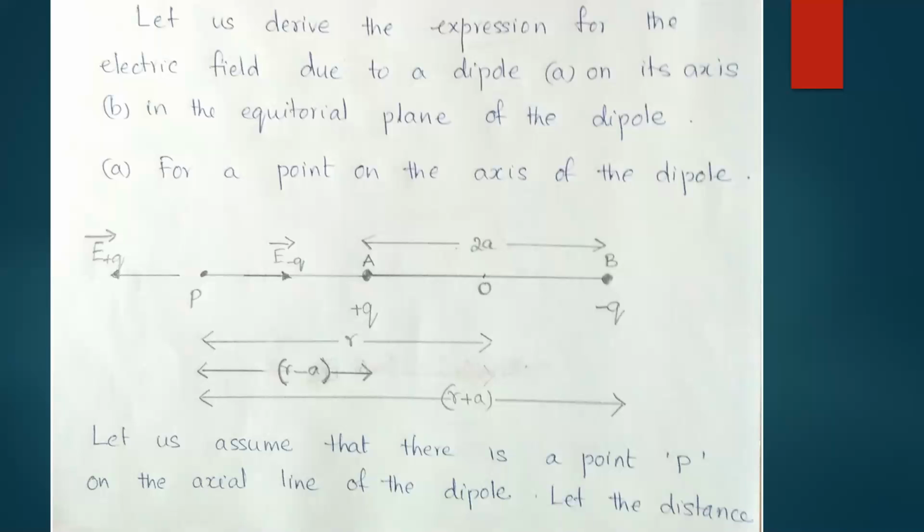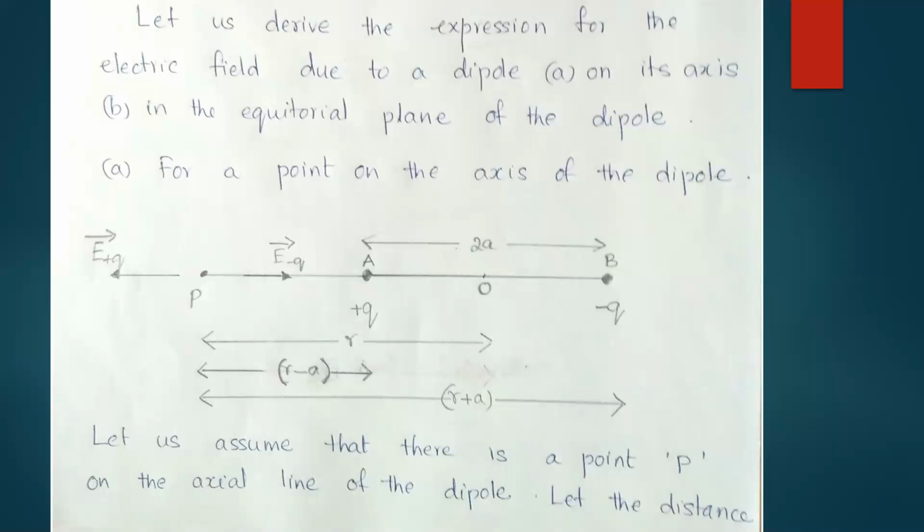The distance of a point P, where we want to find the electric field, is r from the center of the dipole. Once again, we have taken a point P on the axis of the dipole where we want to find the electric field. This point P is at a distance r from the center of the dipole.